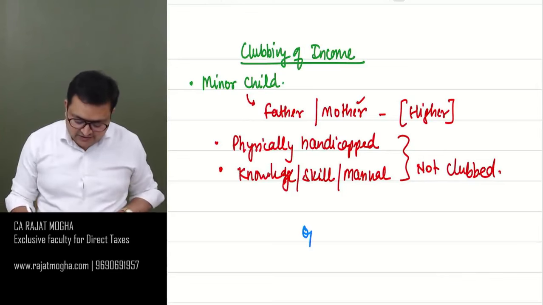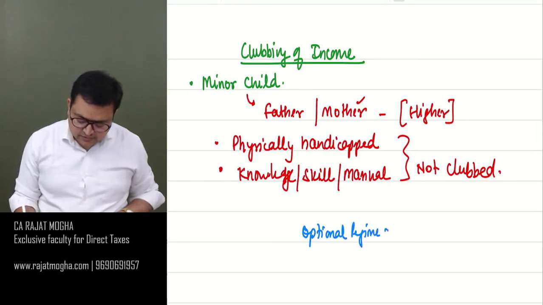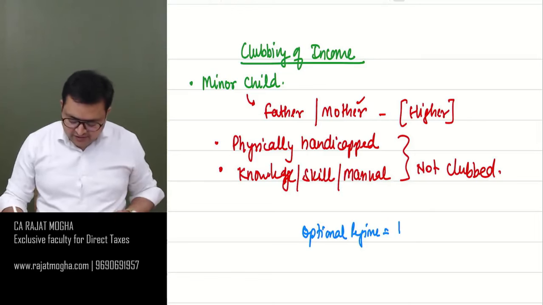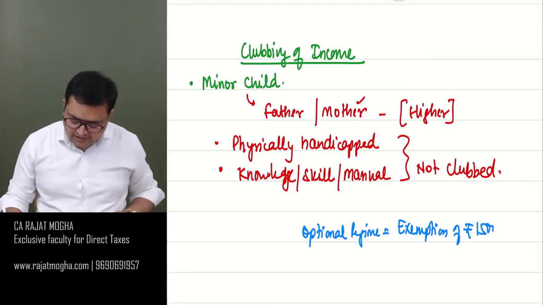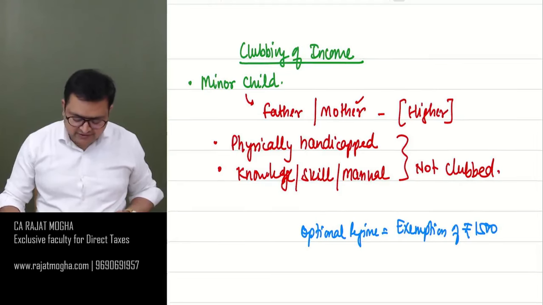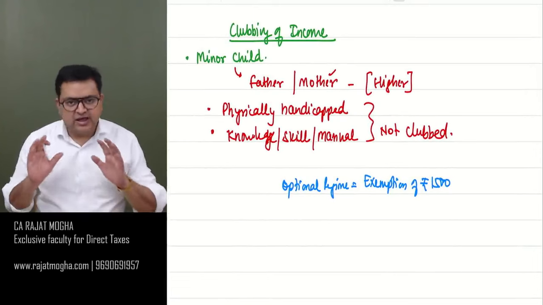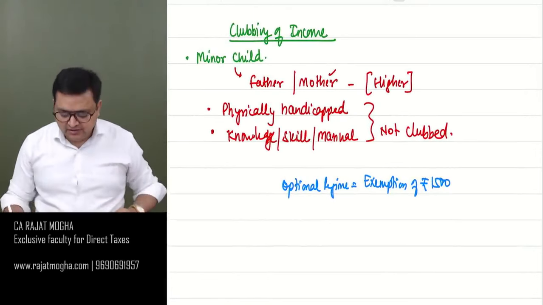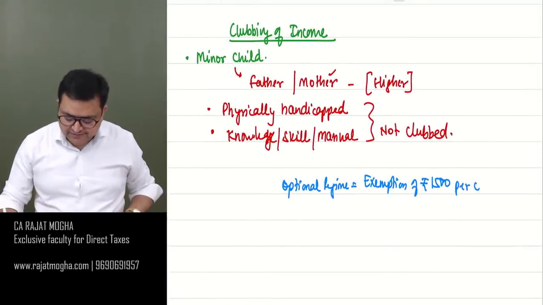And in the optional regime, please don't forget to give exemption of up to 1500 per child. It's not per month, it's a total annual exemption, 1500 per child.